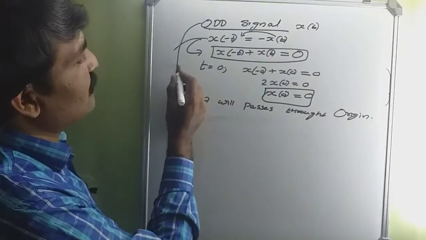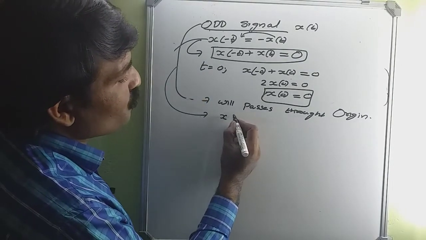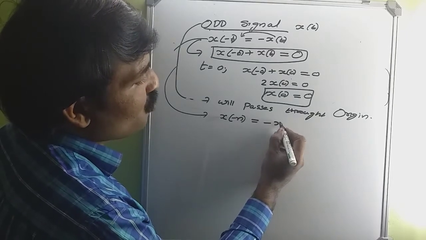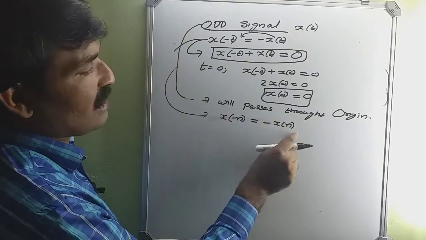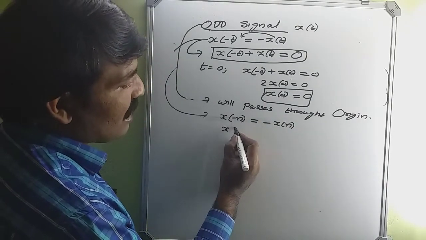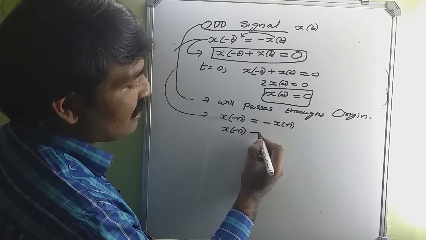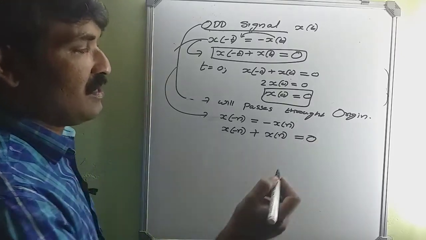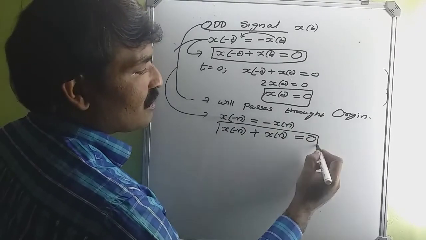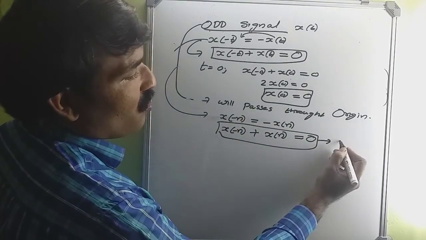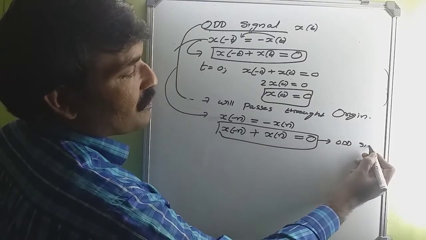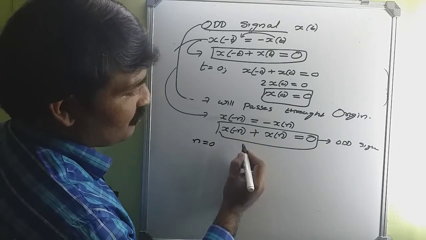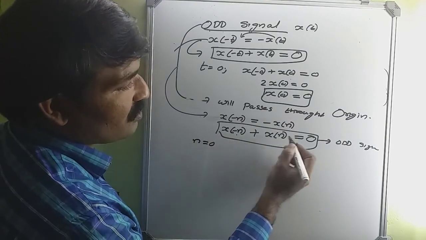For a discrete signal, x of minus n is equal to minus of x of n if the signal is odd. That implies x of minus n plus x of n is equal to 0. Now n is equal to 0. What happens? This means x of 0 plus x of 0 is equal to 0.